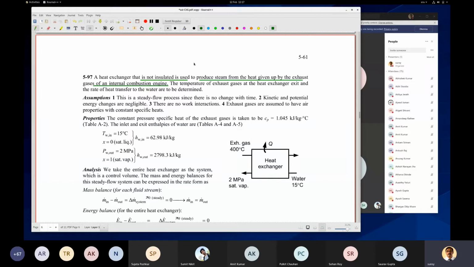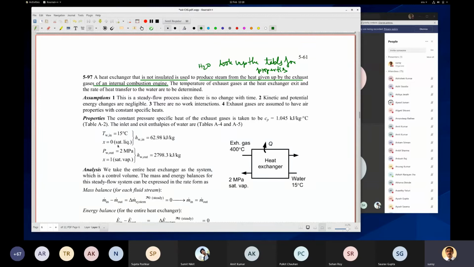Here for H2O, you have to look up the tables for properties. You cannot use the way you are doing for air. For air, you can assume it to be an ideal gas.